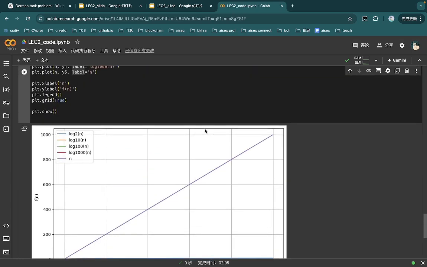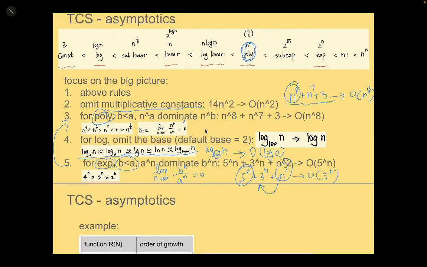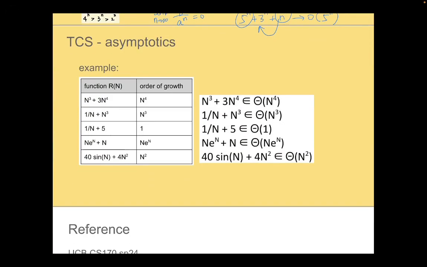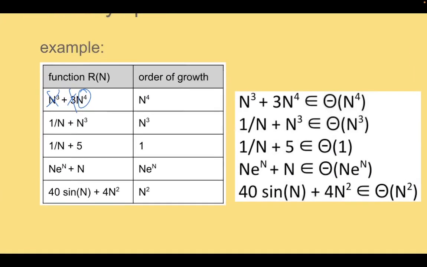And these are all the code, and I'm giving you a last example here, and we're doing some exercise. So basically this stuff, the n to the 4 dominates this thing, and we delete the multiplicative constant.